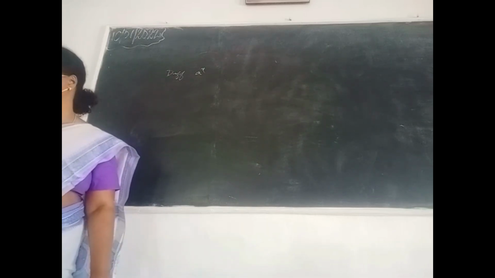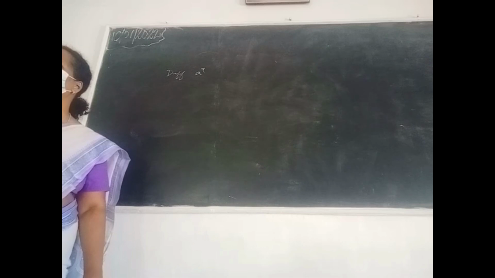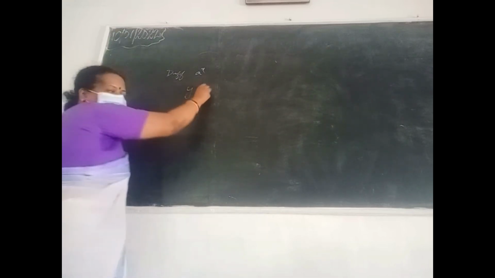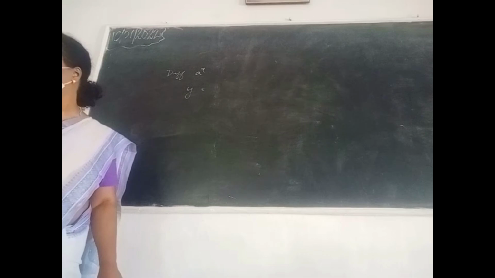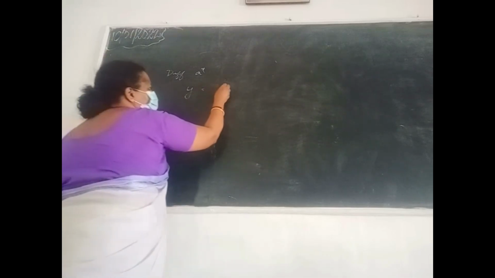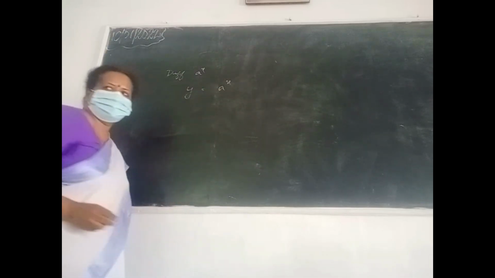Differentiate a raised to x. That is the question. So how to do this? In the power there is x, so we should apply the logarithm rule. How to start? When nothing is given, we write let y equal to a raised to x. Apply logarithm on both sides.